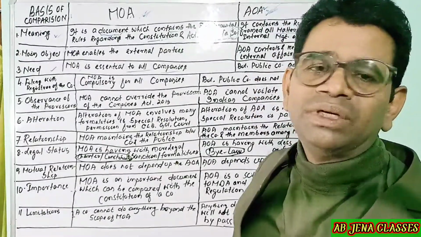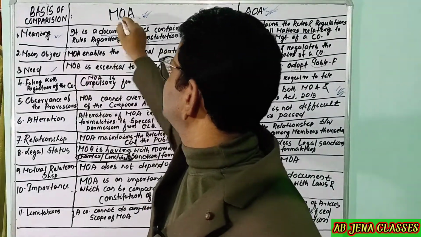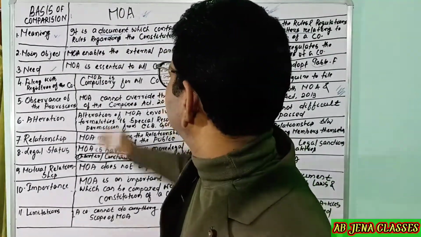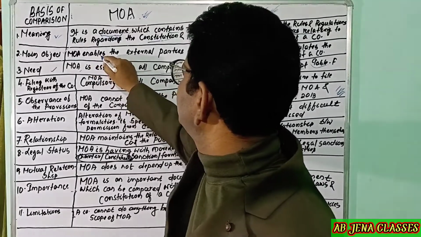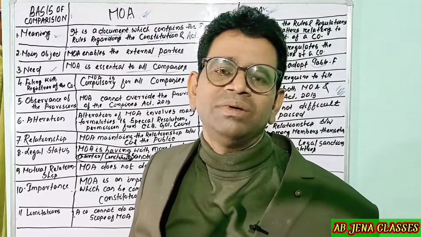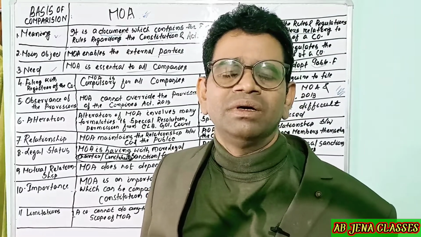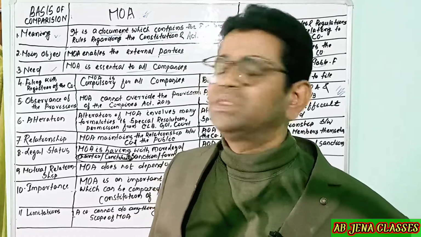Next, we will jump over to the second basis of comparison: the main object. The Memorandum of Association enables the external parties. Through the Memorandum of Association, we maintain good relations with the rest of the world, that is, the general public or outsiders.